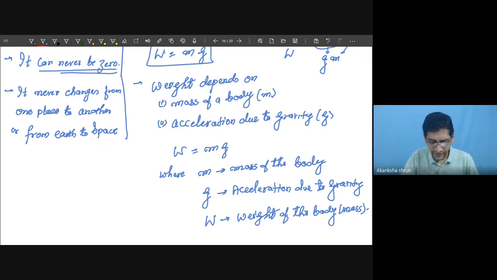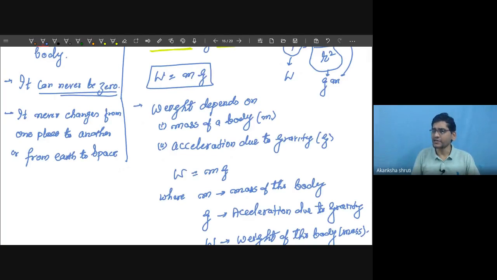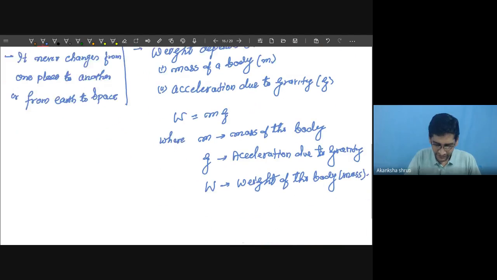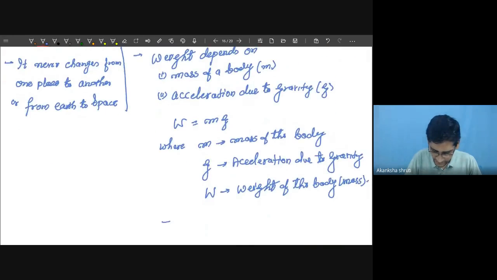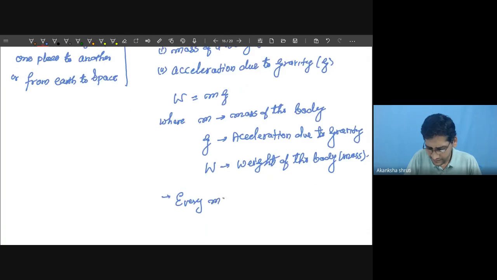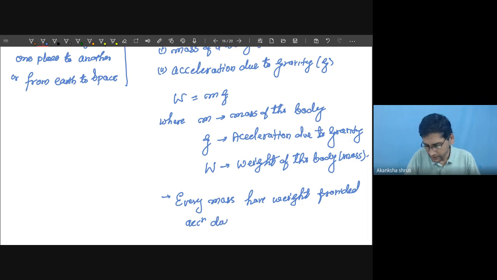Means each and every mass has certain weight, and that weight does not only depend on the mass but also depends on the acceleration due to gravity. So every mass has weight, provided acceleration due to gravity exists.